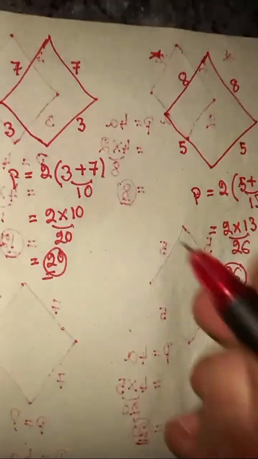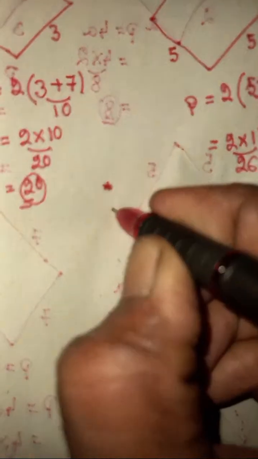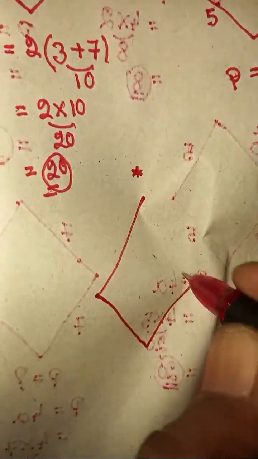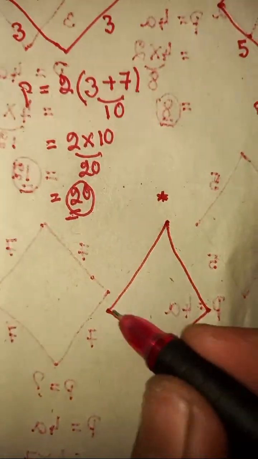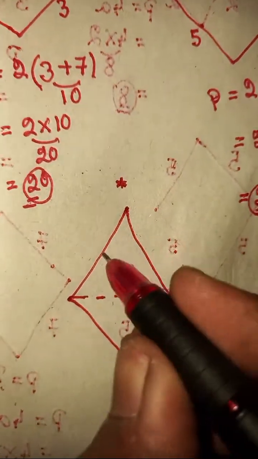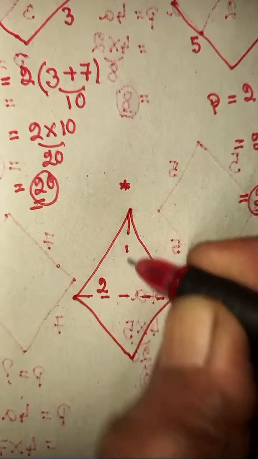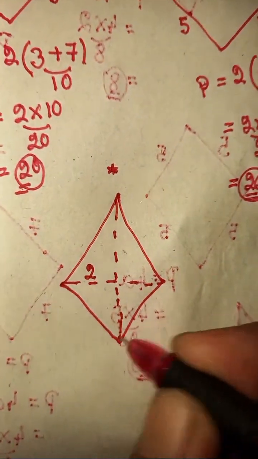Now you can find out the area of the kite. Area of the kite can be found like this. If you take this kite, then one diagonal they give us 2 units, another diagonal they give us 7 units.